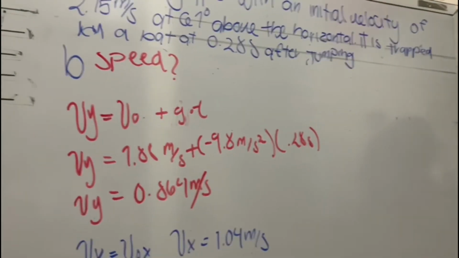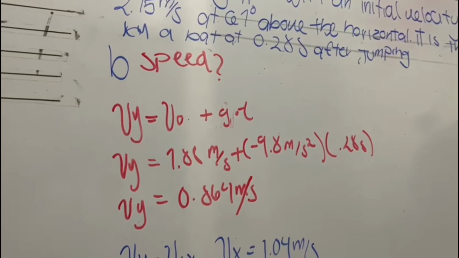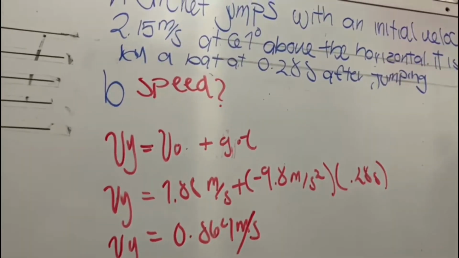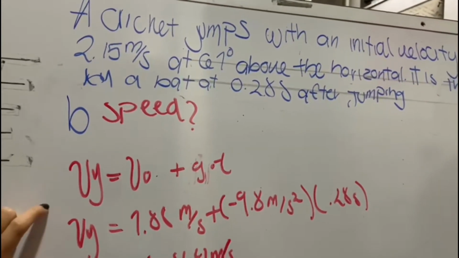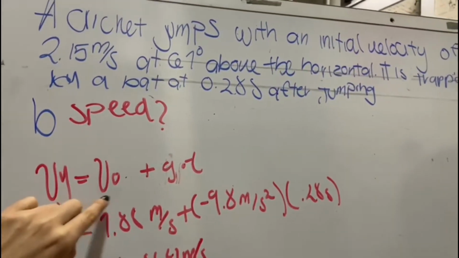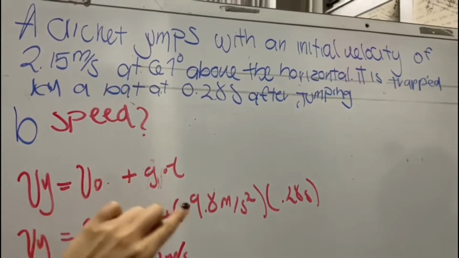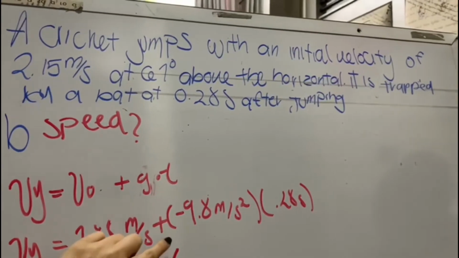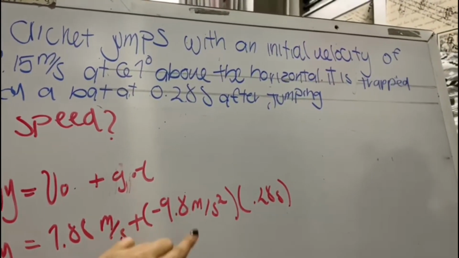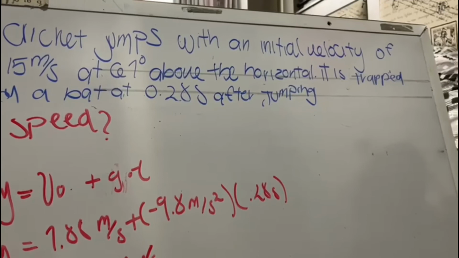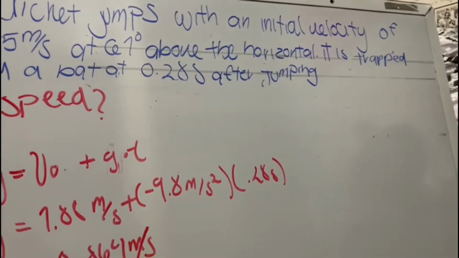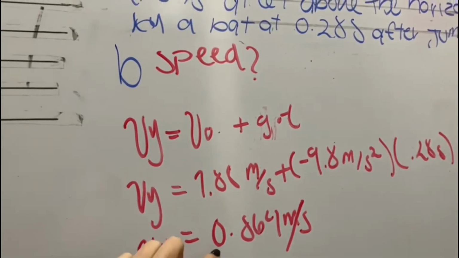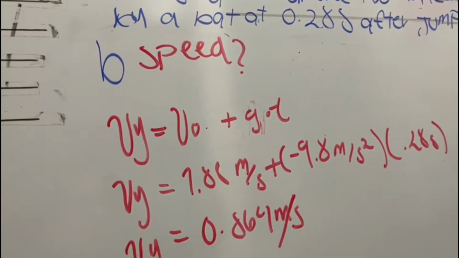Now they want to know the speed, but for the speed we need the final velocity of y and x. For the final velocity of y, we need the initial velocity plus the gravity multiplied by the time. Here it is 1.88 meters per second plus minus 9.8 meters per second squared multiplied by 0.28 seconds. So the final velocity of y is equal to 0.864 meters per second.